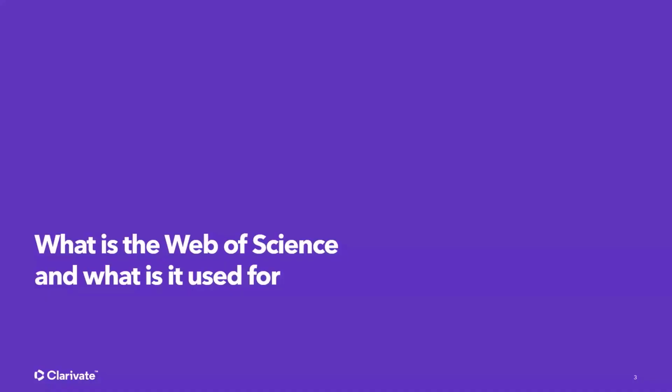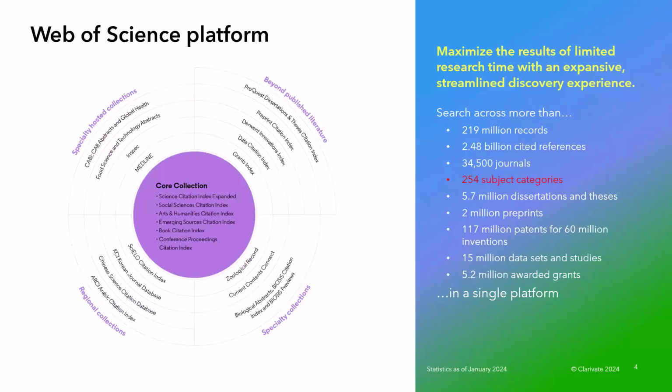Okay, so kicking off with that introduction, what is the Web of Science, and what is it primarily used for? The Web of Science platform can be considered as a container or a gateway to access various databases that index scholarly literature. What you can see in the visualization are all of the databases that are hosted on the Web of Science platform today, regardless of your subscription.